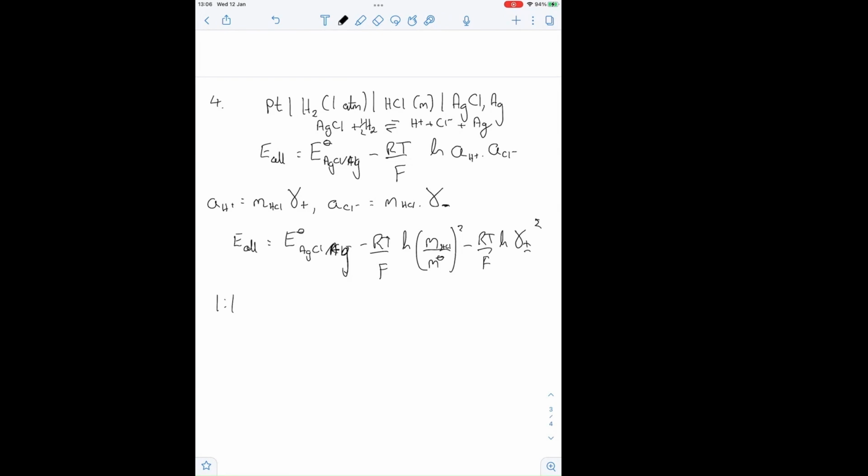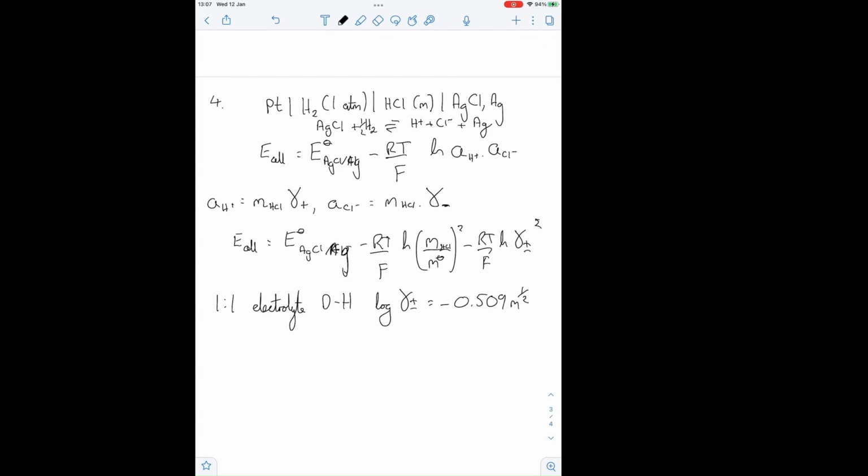Now, for a one-to-one electrolyte, there's something called Debye-Huckel theory. And Debye-Huckel theory tells us that log to the base 10 of gamma plus-minus equals minus 0.509 times the molarity of the solution to the power a half.